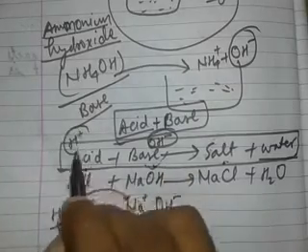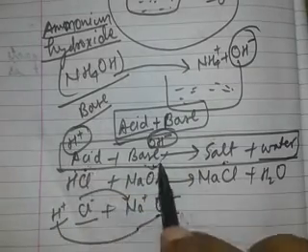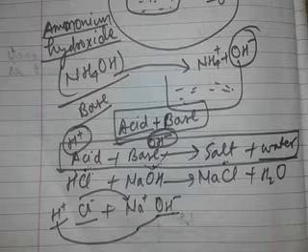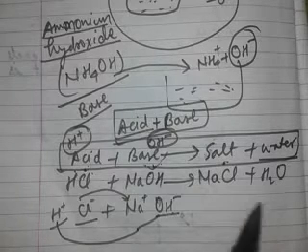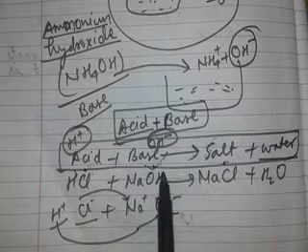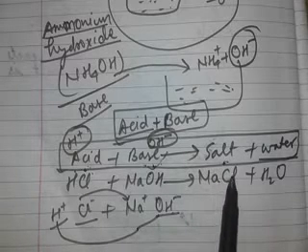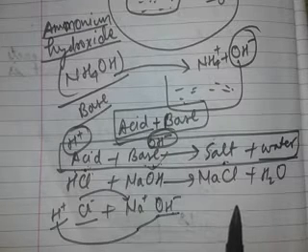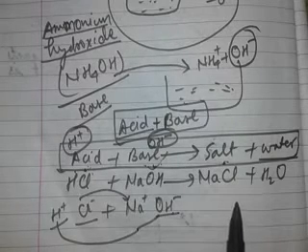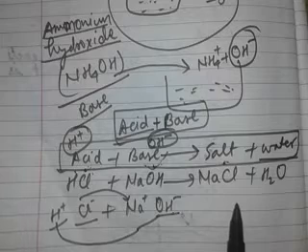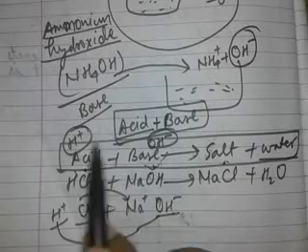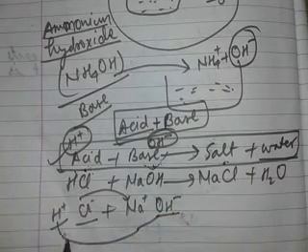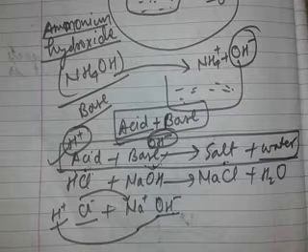This is the basic definition of an acid and a base. And when an acid and a base combine, they form a salt and water. This is the complete definition of an acid and a base using this equation.